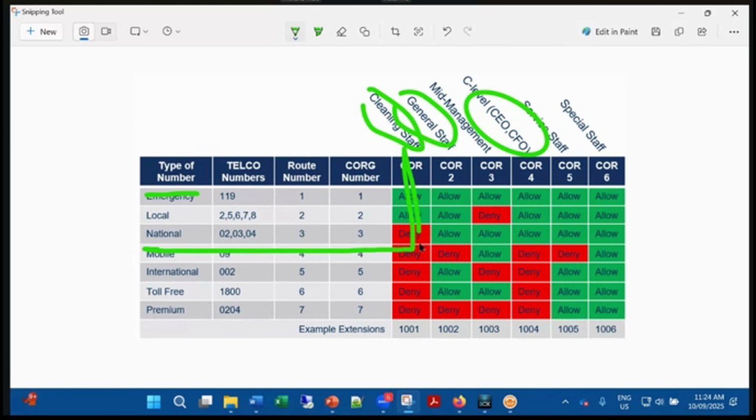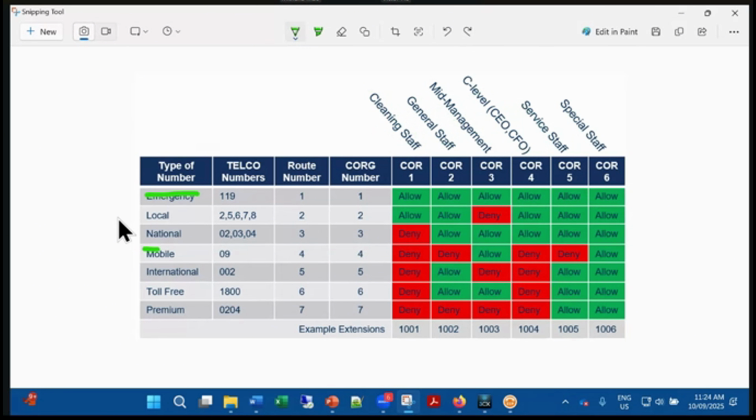C-level is denied. General staff is denied. CEO is denied. Service is denied. Okay, so you build up your table based on what the customer has told you. You build up these allow denies.